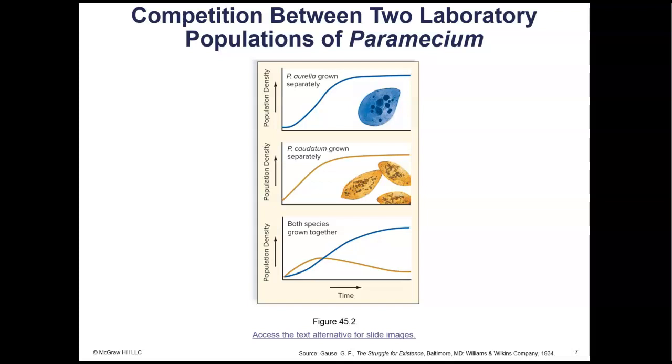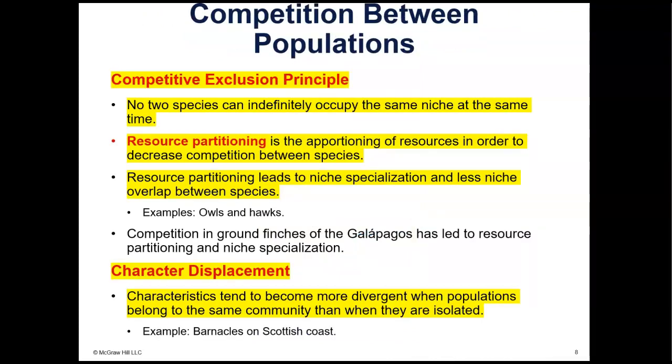What normally happens in nature is, okay, so let's just go over the definitions and then I'll tell you. The competitive exclusion principle, which is what this test tube experiment with the Paramecium kind of led to, says that no two species can indefinitely occupy the same niche at the same time.